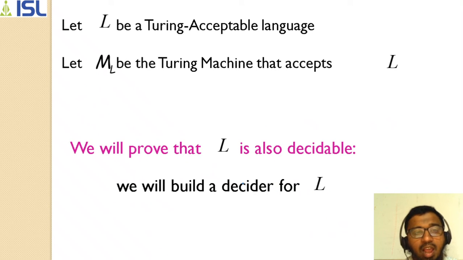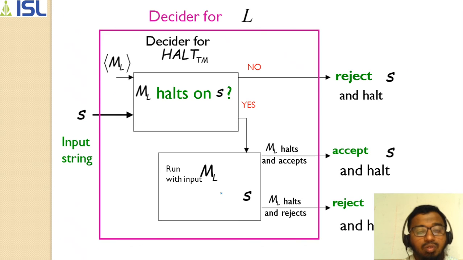Next, let L be a Turing acceptable language. Let M_L be the Turing machine that accepts L. We will prove that L is also decidable, so we will build a decider for L. So here is how we build the decider for L, just see.